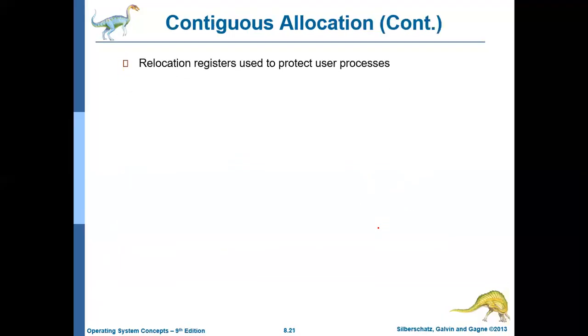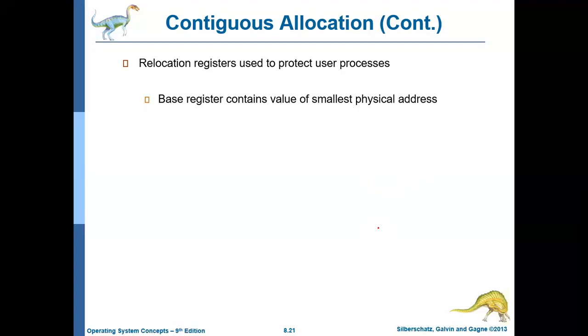Now let us have a brief idea about memory protection. Protection means ensuring that a particular user process accesses only the locations it is supposed to access.